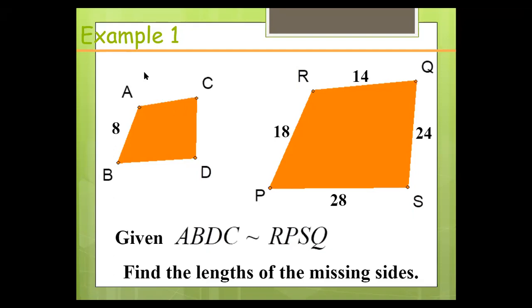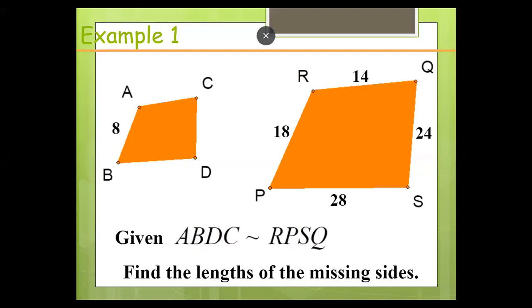Who will work with me to find the length of AC, for example? How will we find the length of AC? Yes. Miss, I think we will use cross multiplication. Exactly. So we don't have AC, but we have RQ, right?